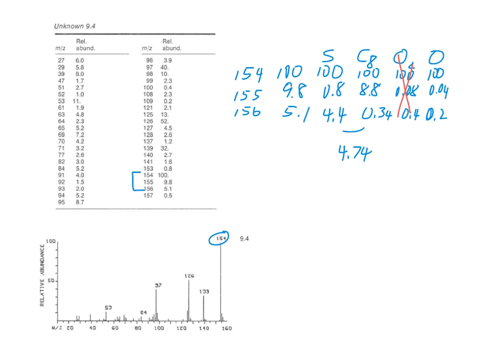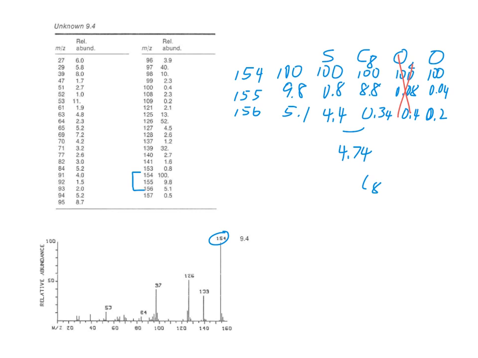Okay, so now we have C8. What's the mass of that one then? 96 for 8 carbons. Okay, what about if we add a sulfur and an oxygen?